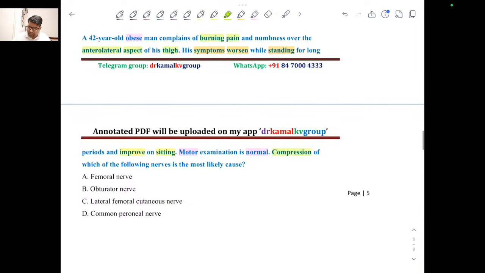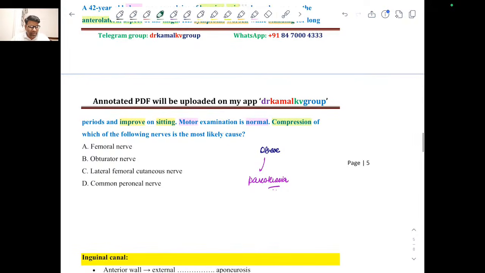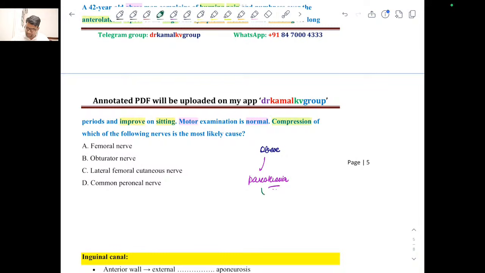So here the patient is an obese patient. Now what is happening here? There is paresthesia. Paresthesia means altered sensations like burning, needle prick, numbness, right? So that is paresthesia. Now where is paresthesia here? In which region? It is anterolateral thigh.